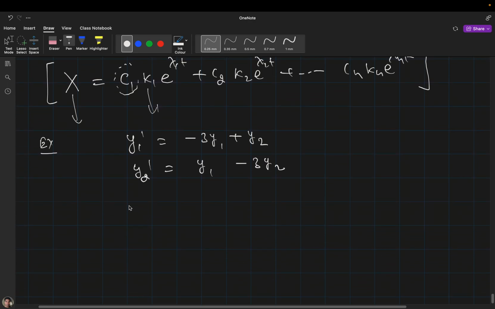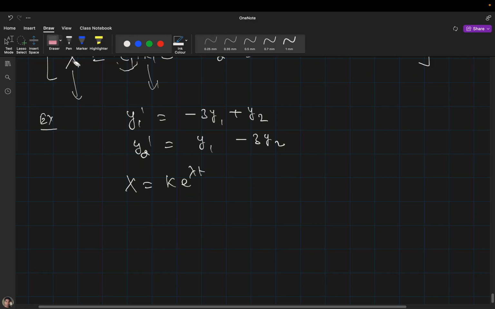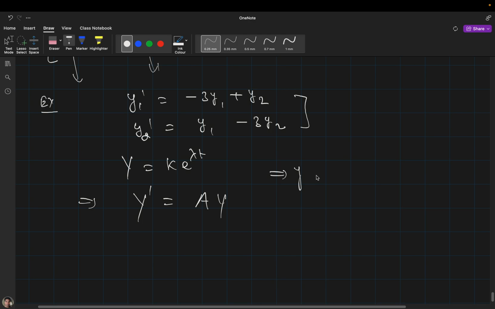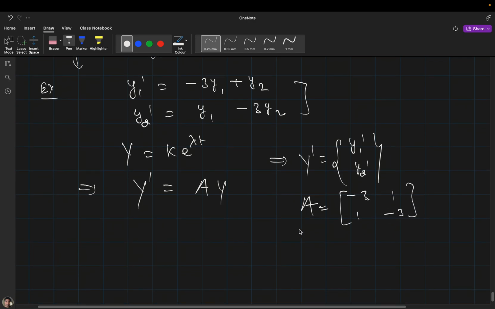Again we will assume that x equal to k e raised to the power lambda t is the solution, and in this case I am writing it as capital Y. First I will write this in matrix form, that is nothing but Y dash equal to A Y, where Y dash is y1 dash and y2 dash, and A is nothing but minus 3 1, 1 minus 3, and Y is y1 and y2.